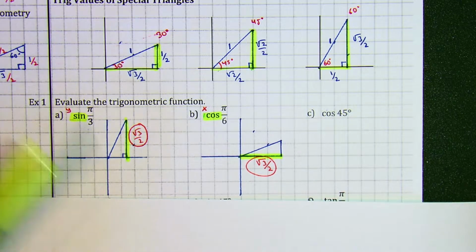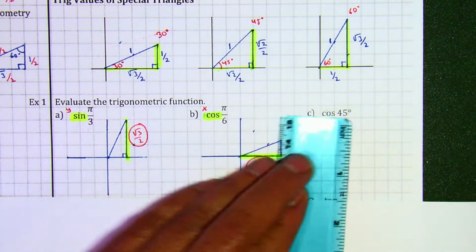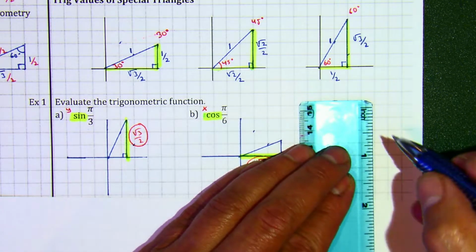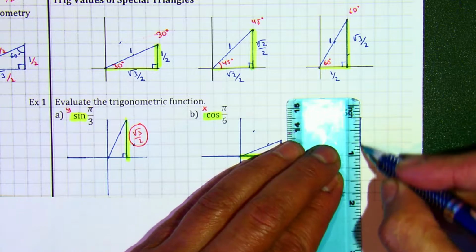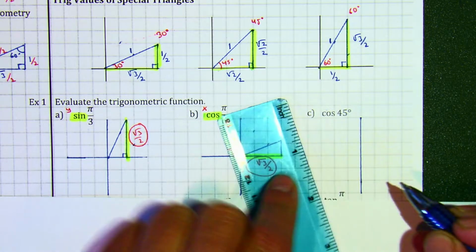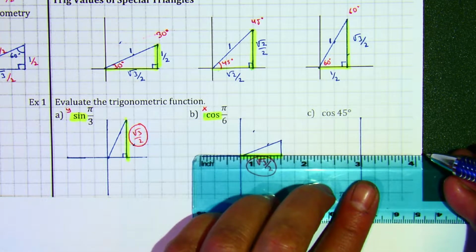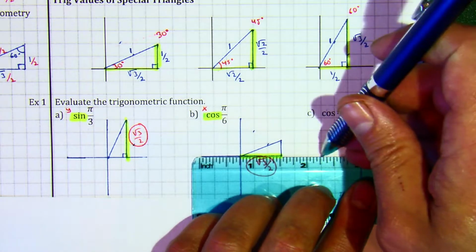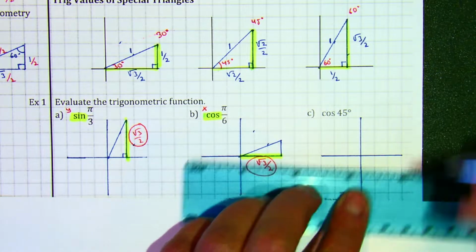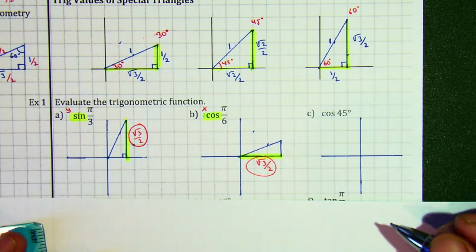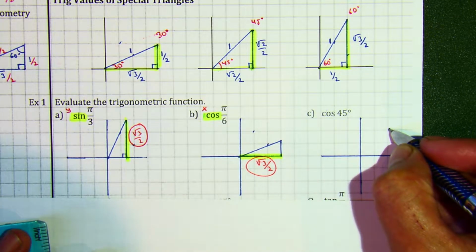Cosine of 45 degrees, I'm going to make my x and y axis. I'll make it a quick 3 by 3. 45 is your halfway mark.